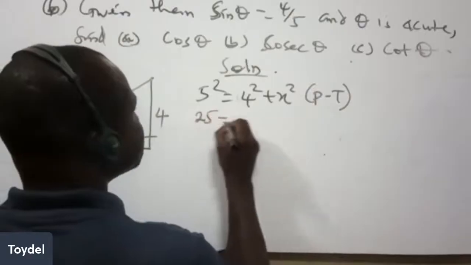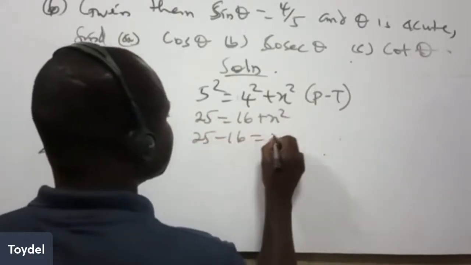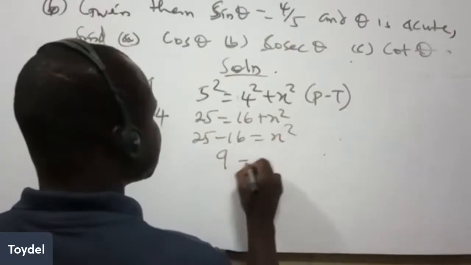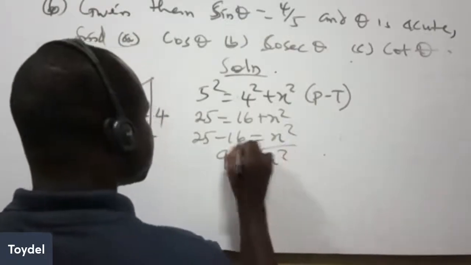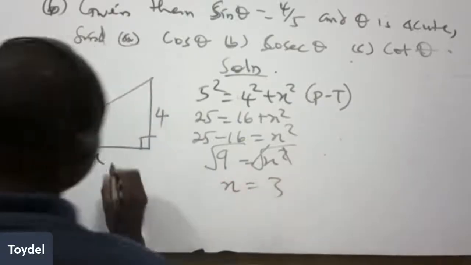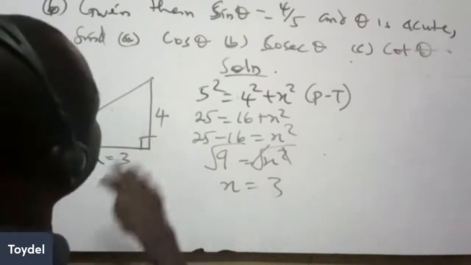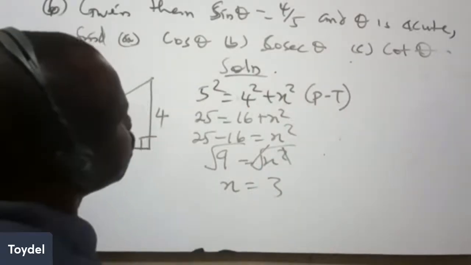So 25 is equal to 16 plus x squared. 25 minus 16 is equal to x squared. Then 9 is equal to x squared. So when we take the square root of both sides, x is equal to 3. So we have gotten the value of this place to be 3.